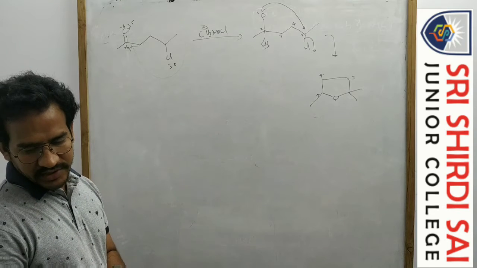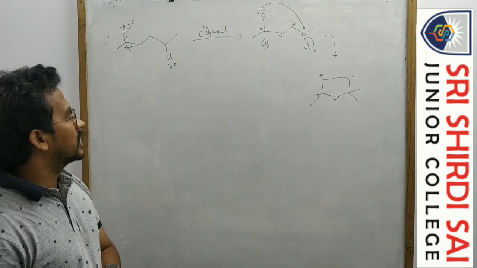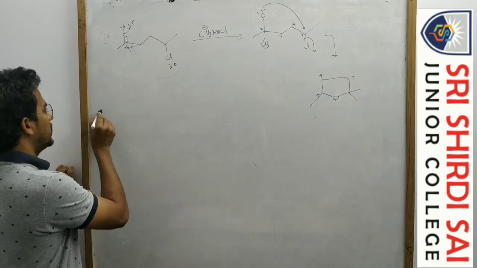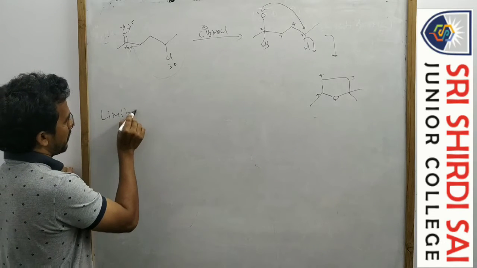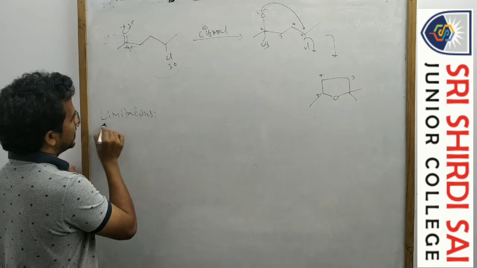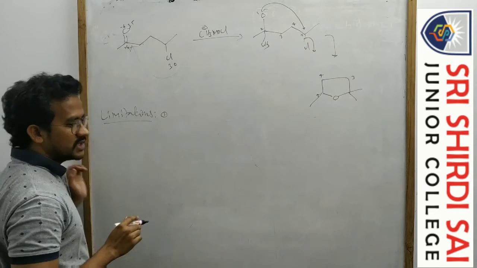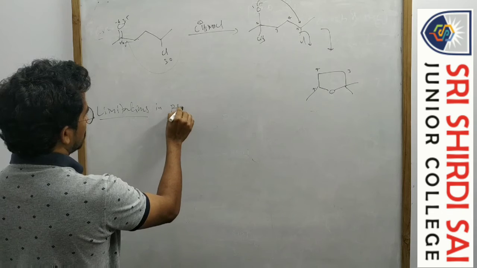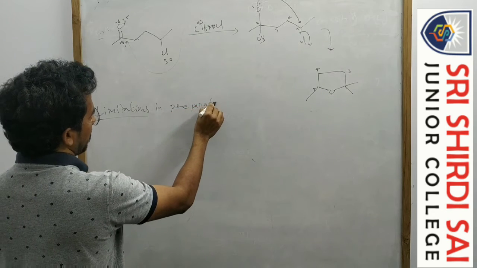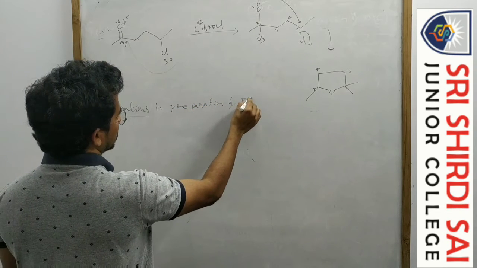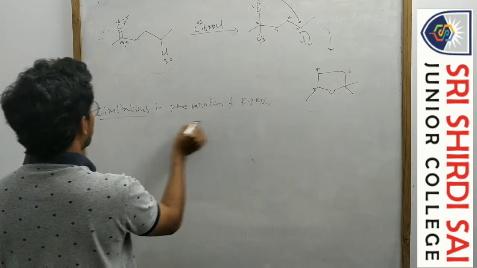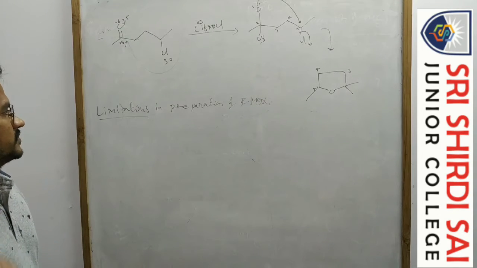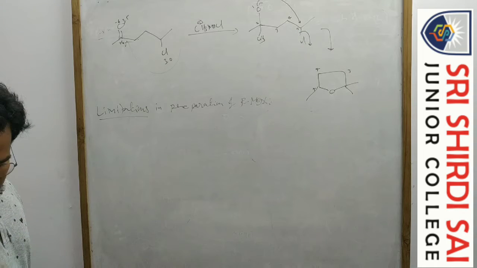So those are the Grignard reactions. And next, limitations. Limitations are very important. What are the limitations in preparation of RMgX?